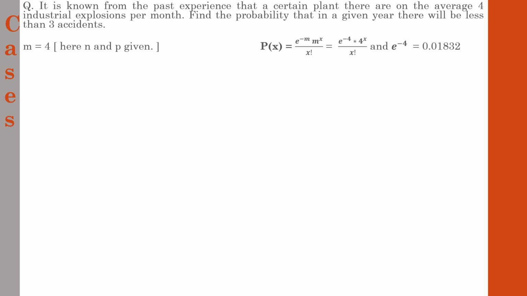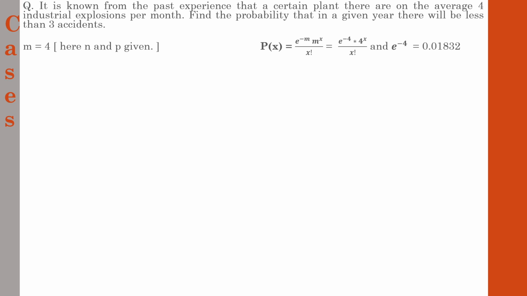You may wonder how the value 4 is considered as m. We have learned that m is the mean of the Poisson distribution, and the 4 industrial explosions per month can be considered as the mean of the situation.